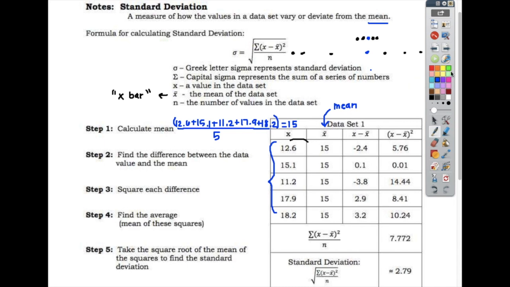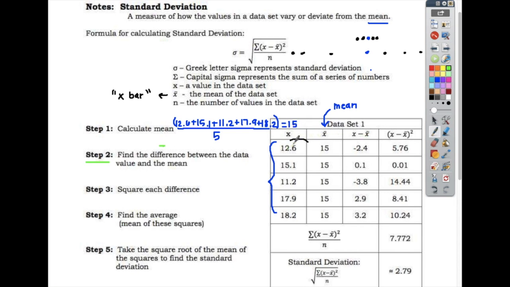Then on to step 2. For step 2, we need to find the difference between the data value and the mean. And difference, remember, means we are subtracting between each value and the mean. So this is set up nicely for us in our table, and it's written right here what we're doing. We're taking x and subtracting x bar.